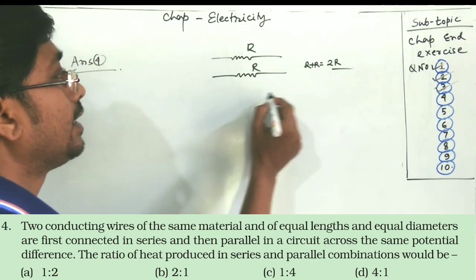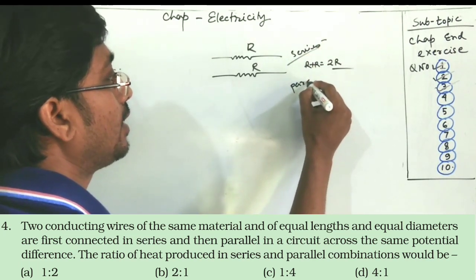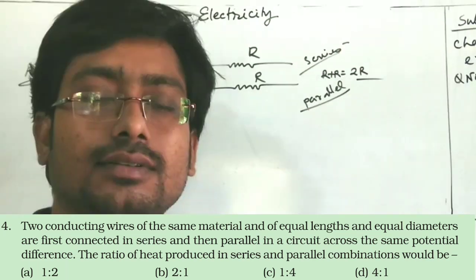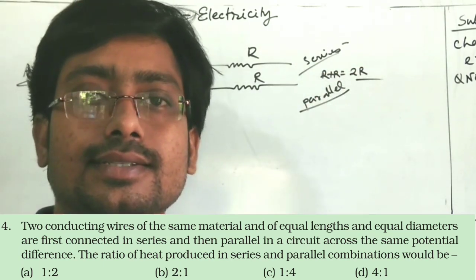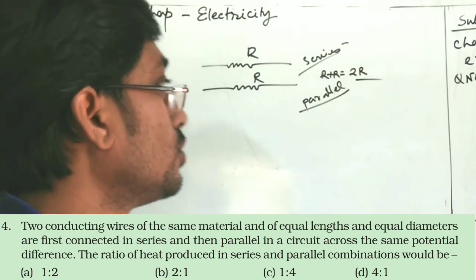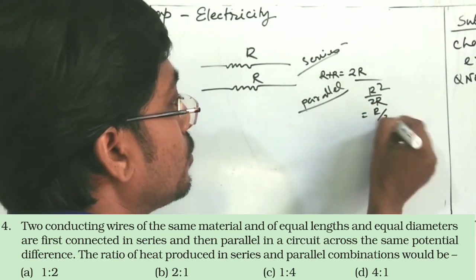And if they are connected in parallel, we multiply the two resistances, R into R, by the sum of the resistances, so it will be R square by 2R. You get R by 2.